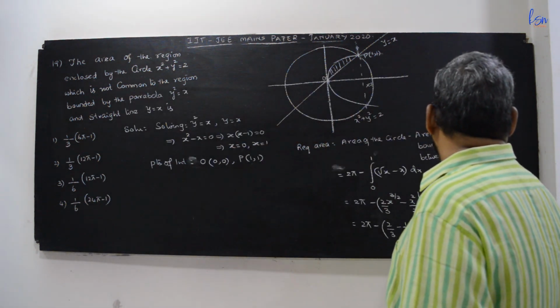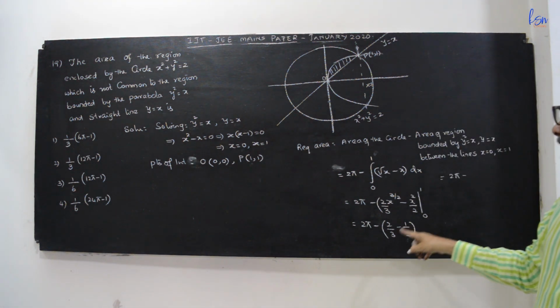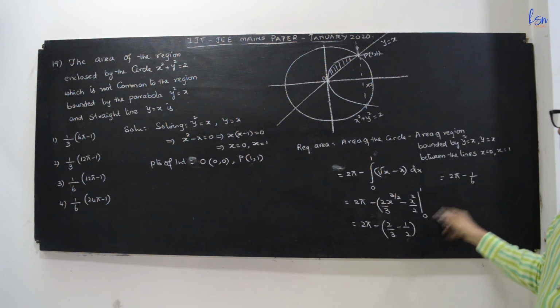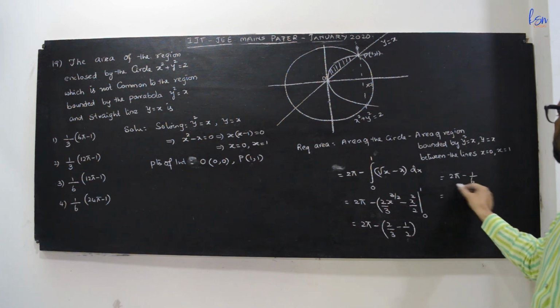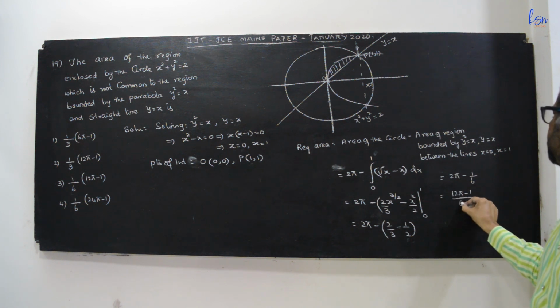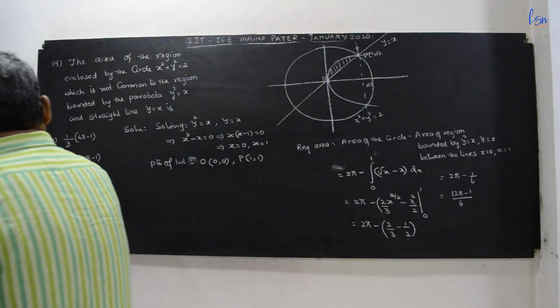So this is equal to 2 pi minus, 4 minus 3 over 6, which is 1 by 6. So the required answer is 2 pi minus 1 by 6. That is the third option.